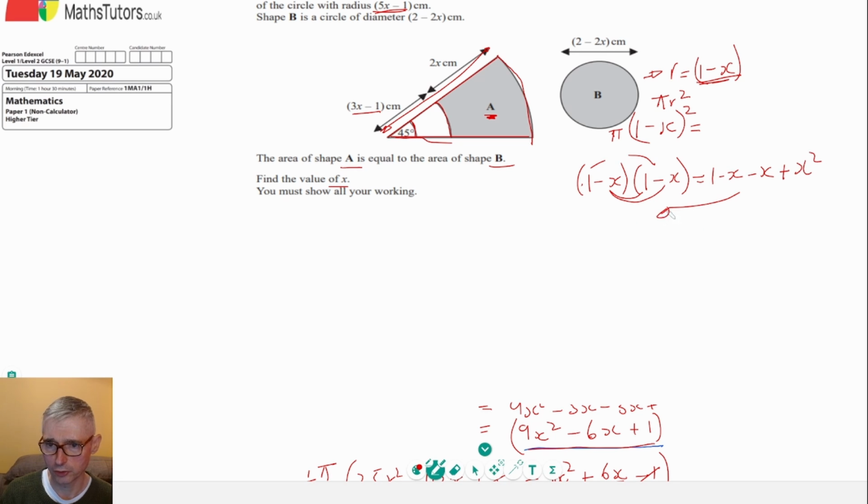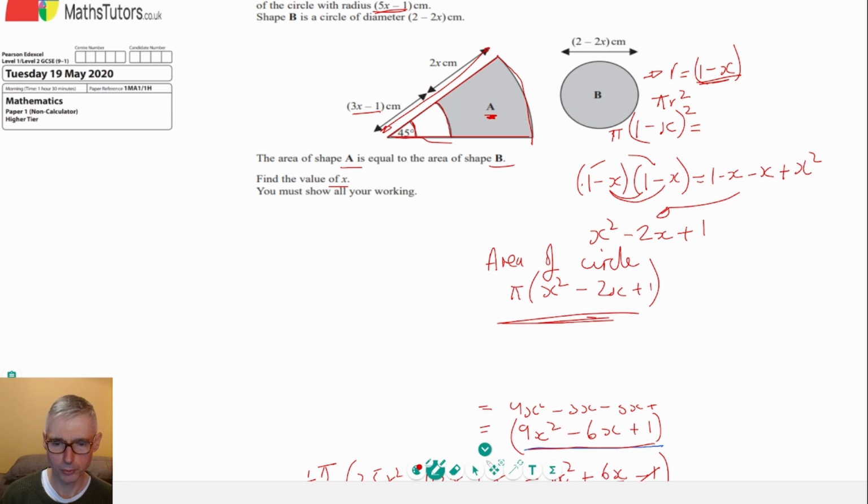And just because I like the order starting with an x squared, I'm going to rewrite that x squared, 2 negatives there, minus x, and another minus x is going to give us minus 2x plus 1. So that means the area of the circle, when I multiply that by pi, is going to just be pi. I'm going to factorize it there. I'm going to put that outside a bracket. Pi times x squared minus 2x plus 1.